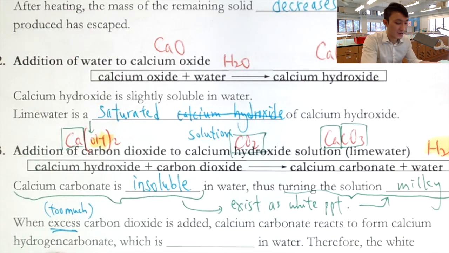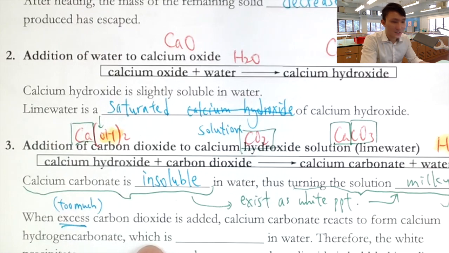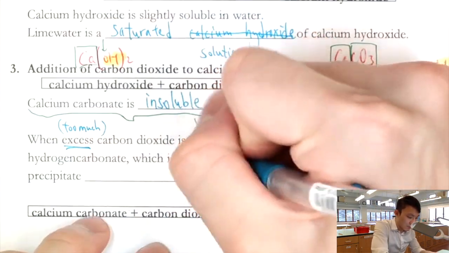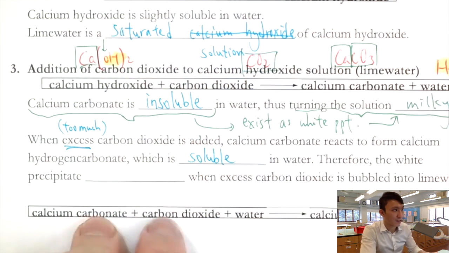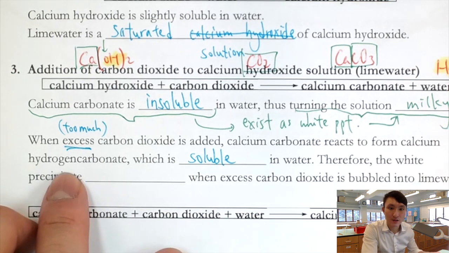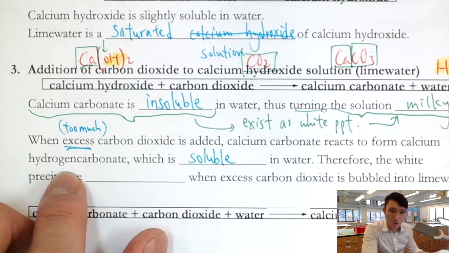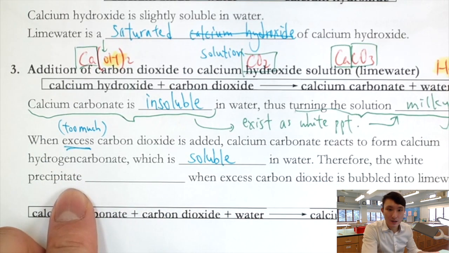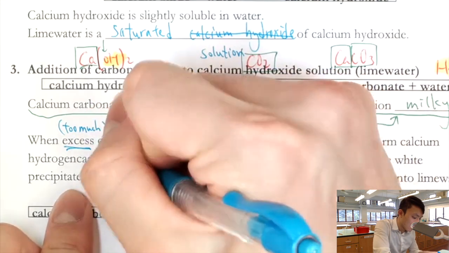Very complicated, right? Calcium hydrogen carbonate. And this is actually soluble in water. All right. So calcium carbonate does not dissolve in water, but calcium hydrogen carbonate is soluble in water. So the white precipitate actually dissolves.